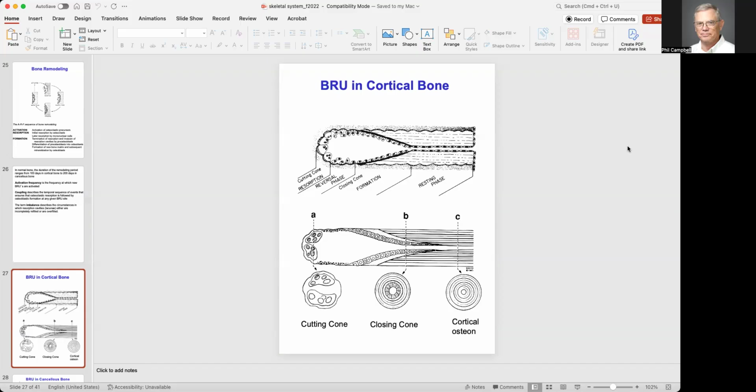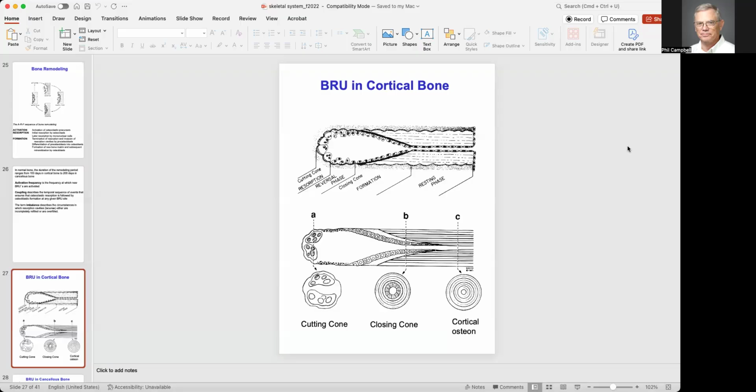Now we need to go to the formation phase. Now, think about here's a cross section of that cutting tube. It looks like this. Now, osteoblasts come and then populate around here. They're going to secrete osteoid underneath them. So that creates a layer of osteoid underneath those osteoblasts. That becomes mineralized, and that makes a lamellar line.